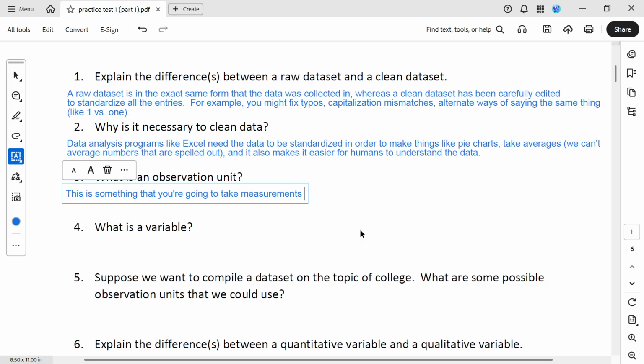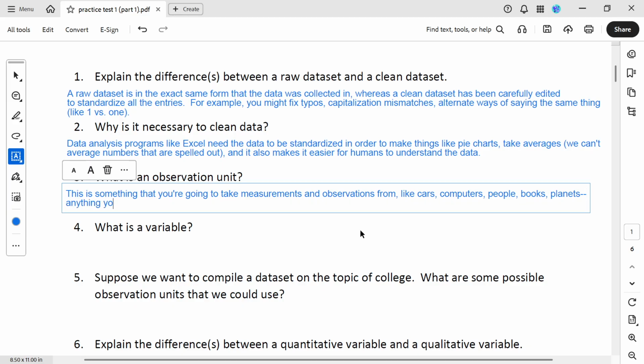And it's not just measurements, but also observations, which is why it's called an observation unit. So it could be cars, computers, people, books, planets, anything you can collect data from to create a data set.